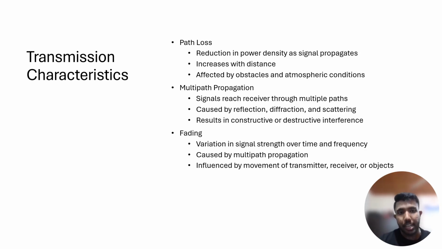Fading refers to variation in signal strength over time and frequency caused by multipath propagation and by movement of the transmitter, receiver, or objects in the environment. Fading can be classified as fast or slow, and as flat or frequency selective, each requiring different mitigation techniques.